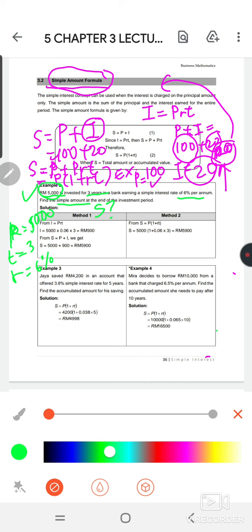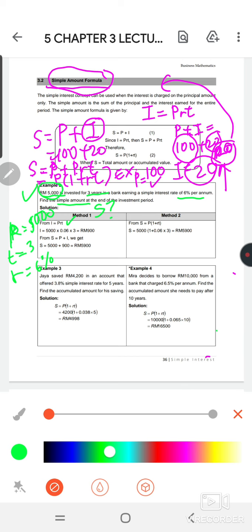First you need to find I, which is I equals to PRT. Let's find the interest value first. So P is 5,000 multiplied by R 0.06 and multiplied by 3 years. So for your interest you will get 900. Once we have the interest, we want the simple amount.